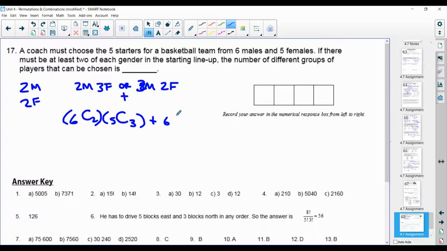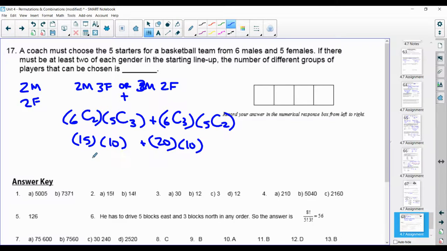Or we have 6 males, we're choosing 3. And 5 females, we're choosing 2. So if we multiply that all out, we've got 15 times 10 plus 20 times 10 is 150 plus 200 gives us 350 different ways that we can have that starting lineup.